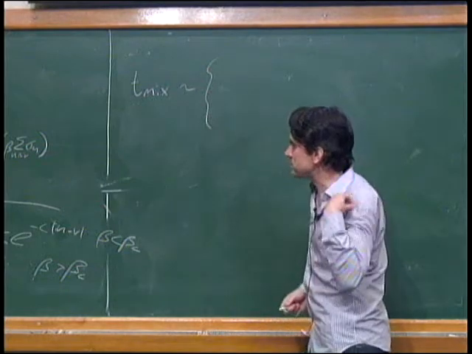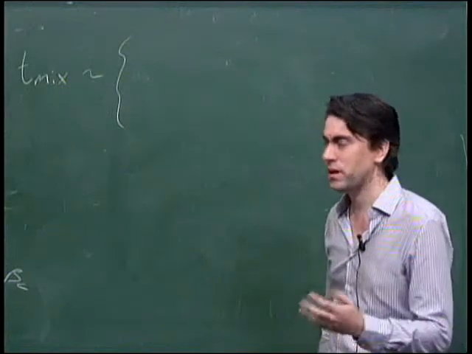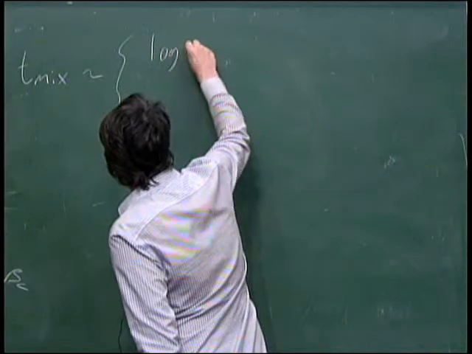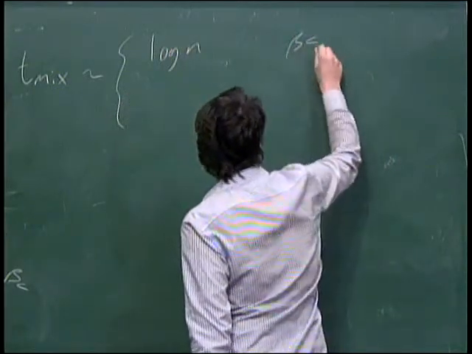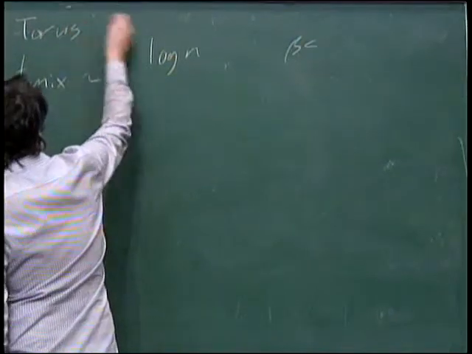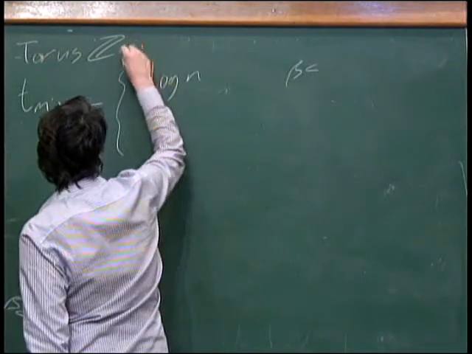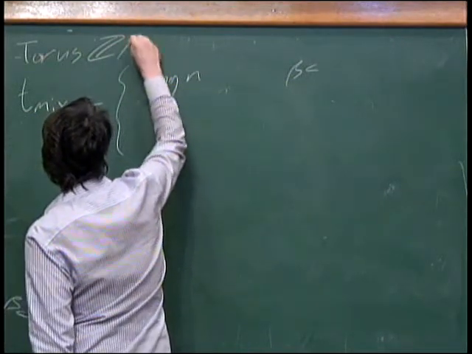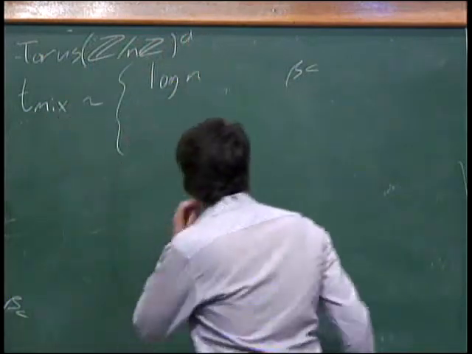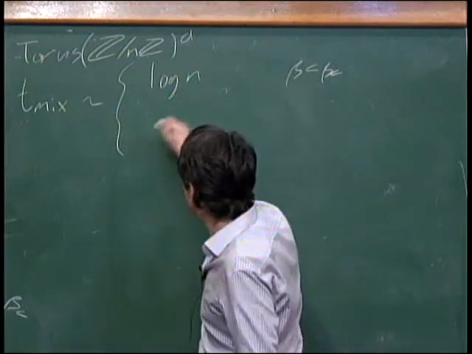So the main work of this was done in the 90s, particularly by Fabio and various collaborators, and showed that, let's say that this is on the torus, Z over nZ to the power of d, when beta is less than beta c, the mixing time will be logarithmic.